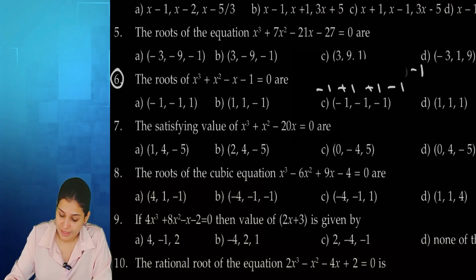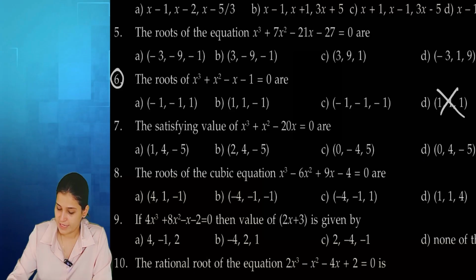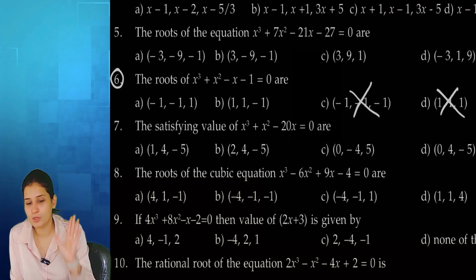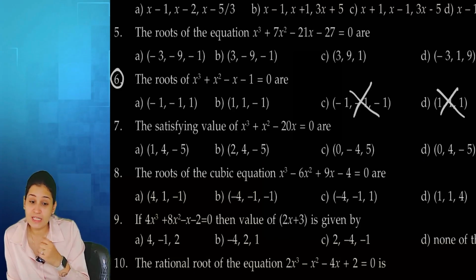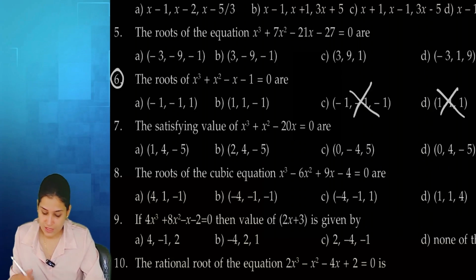So 1 and minus 1 are both satisfied. And if you look at all the options, D is wrong and C is wrong, that I know, because 1 and minus 1 should both be present. Now I'm stuck whether I should have 1 two times or minus 1 two times. Do you understand my problem right now?